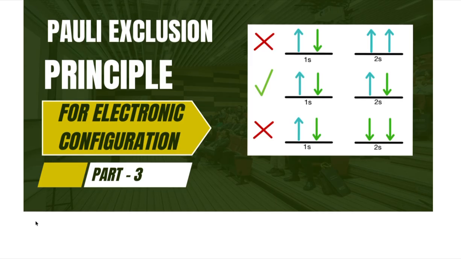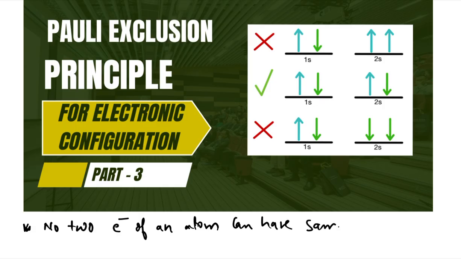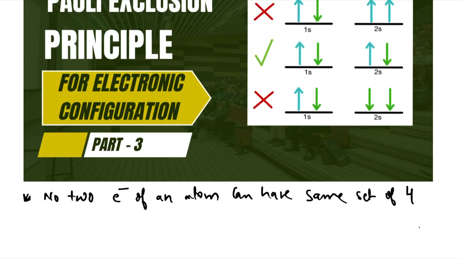It says that no two electrons of an atom can have the same set of 4 quantum numbers.